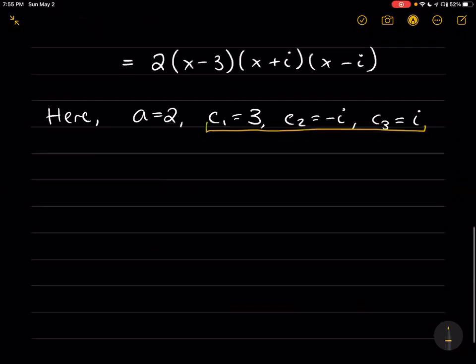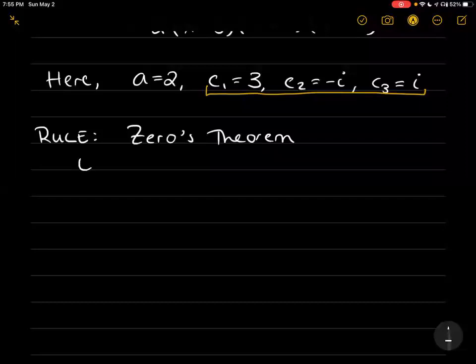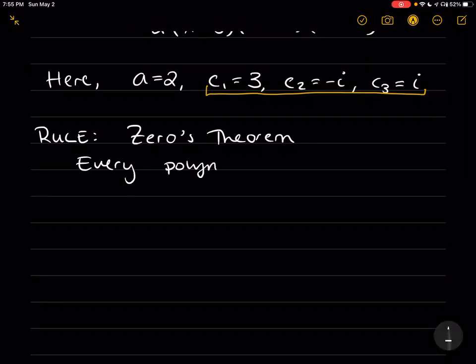Okay, let's look at our next rule. Our next rule is called the zeros theorem. So this says that every polynomial of degree n has exactly n zeros.